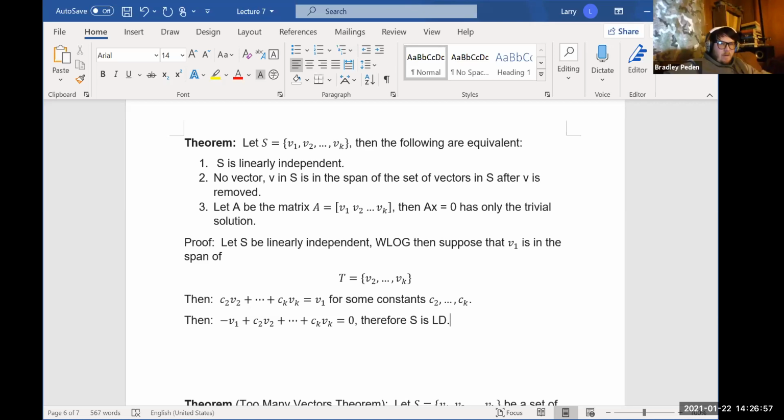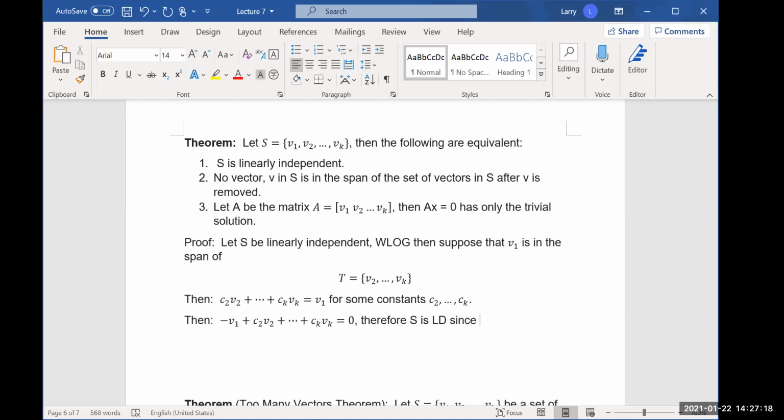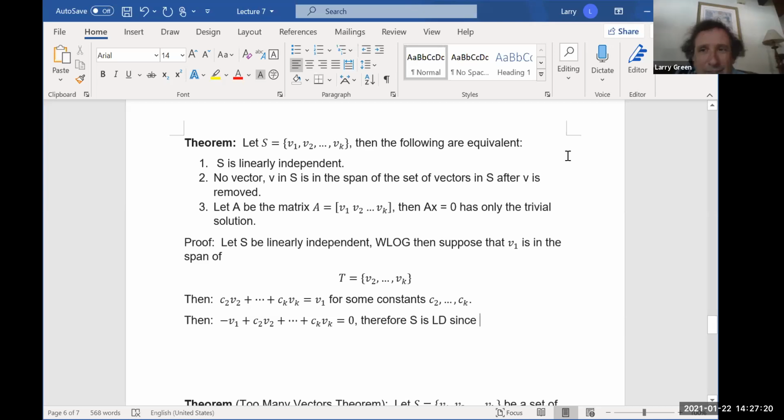Because we have a free variable in C? No, there's no matrix here. No, it's a very simple explanation, but you have to know what you're looking for. We remove V1. Not quite. It's very simple.